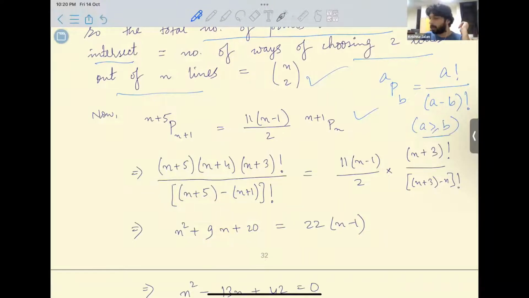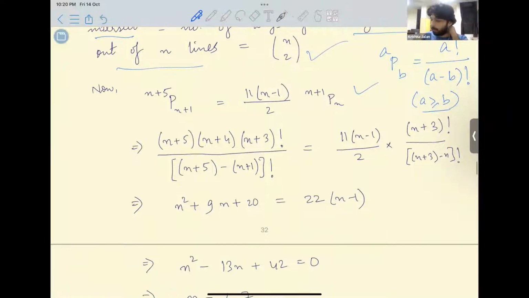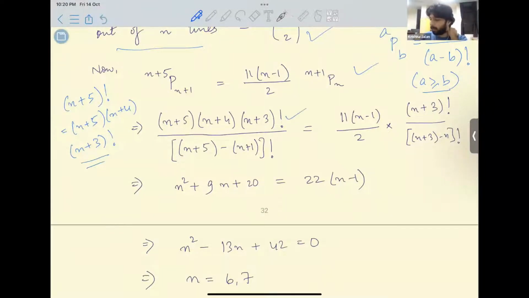I've assumed A to be greater than or equal to B. So I've just used that formula and the properties of factorial. So n plus 5 factorial can be written as n plus 5 into n plus 4 into n plus 3 factorial.